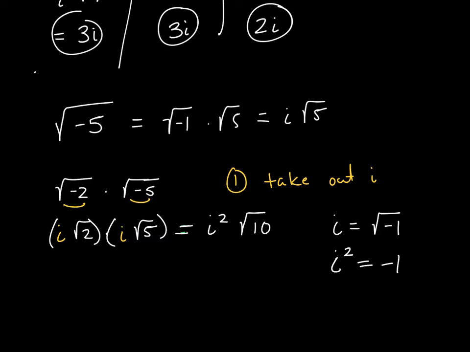No matter what you have, that's what we're going through and doing. And this is the whole purpose of what i is about. Now I could keep going with this, but for this question, let's go ahead and finish it. So that would mean i squared, I replace it with -1. So that's -1 square root of 10.